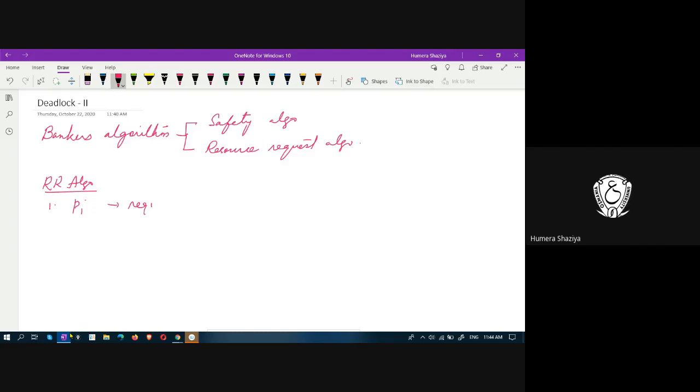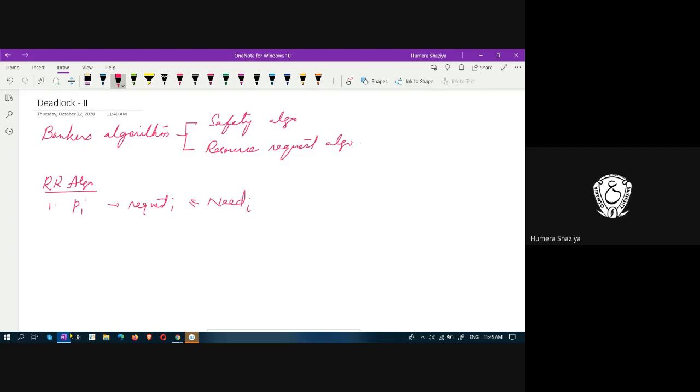say request made by process I, if it is less than the total need of process PI, we are maintaining a structure in which we are recording what is the total number of resources, what is the total request made by a process, what are the current allocations, and then how many remaining resources have to be allocated.